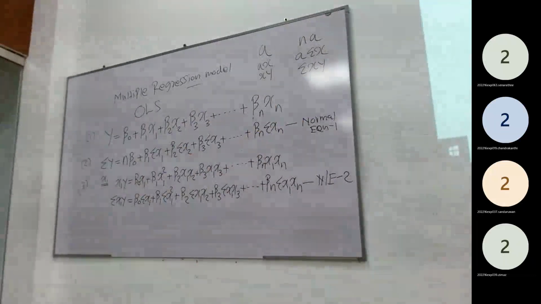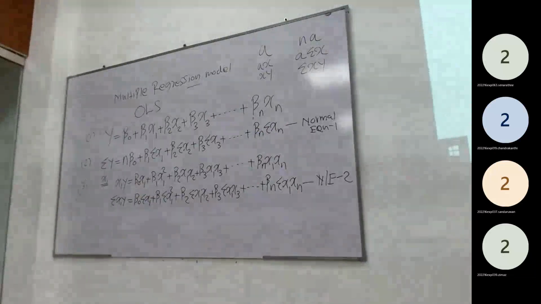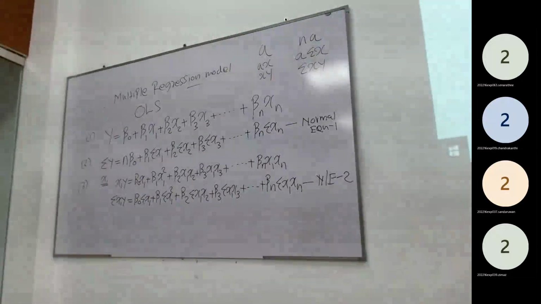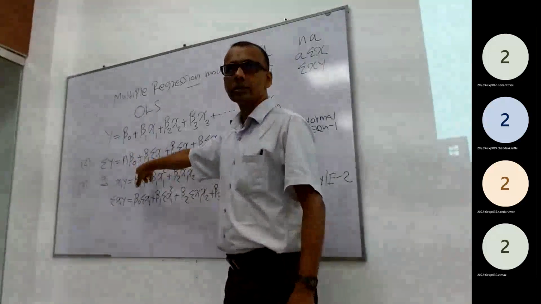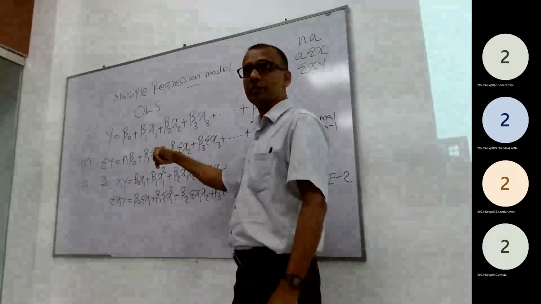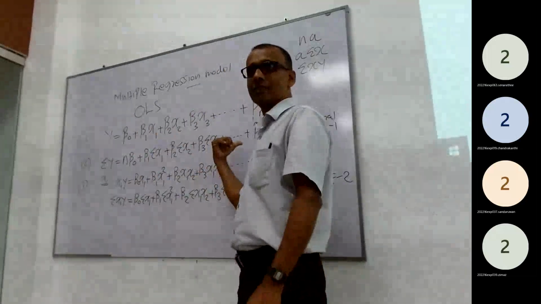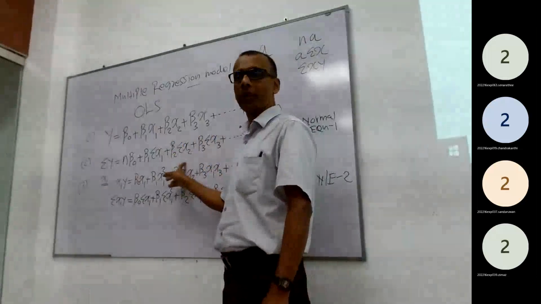Continue. Then you obtain normal equations further and further. With two independent variables, x1 and x2, you obtain only certain steps. With 3 variables, other steps. With 4 variables, further steps. Like that, you have to continue for all the independent variables.